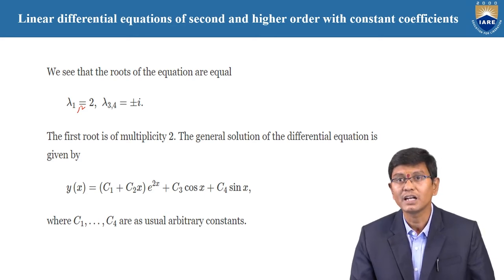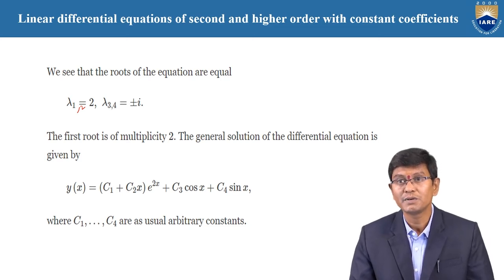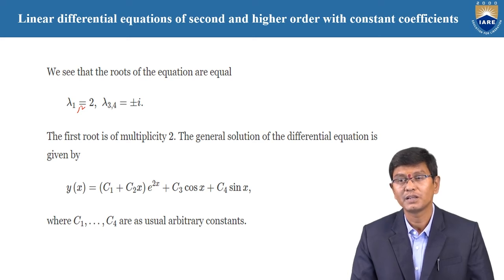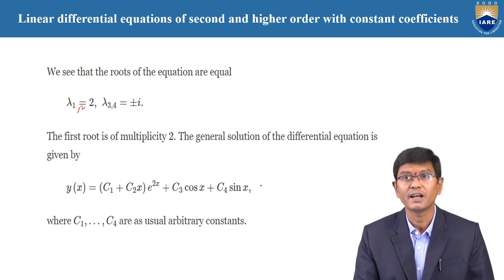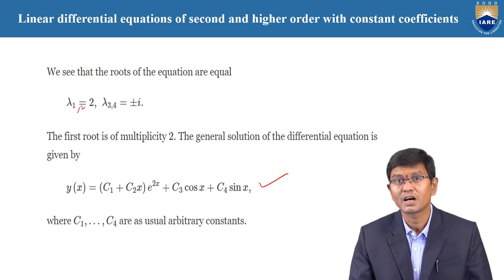That means the final solution is y of x is equal to (c1 plus c2x) into e power 2x plus c3 into cos x plus c4 into sin x. And here c1, c2, c3 and c4 are the constants.